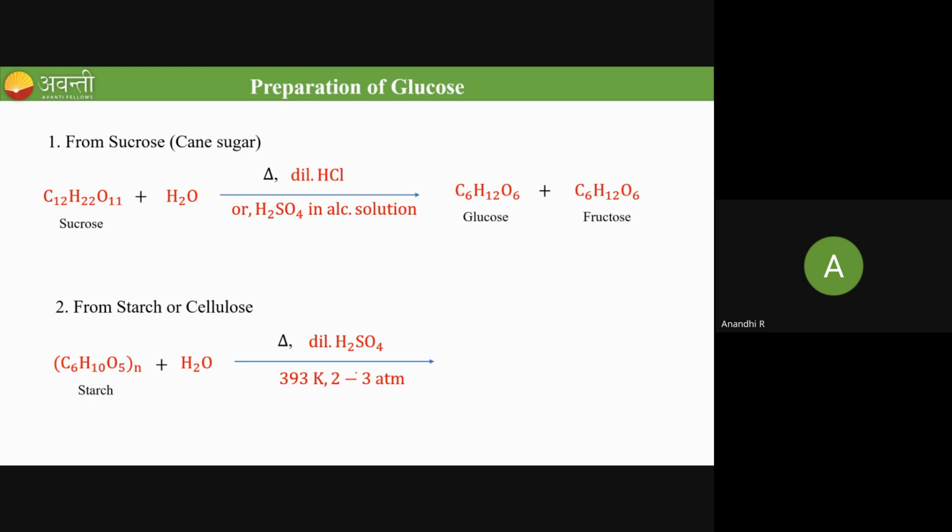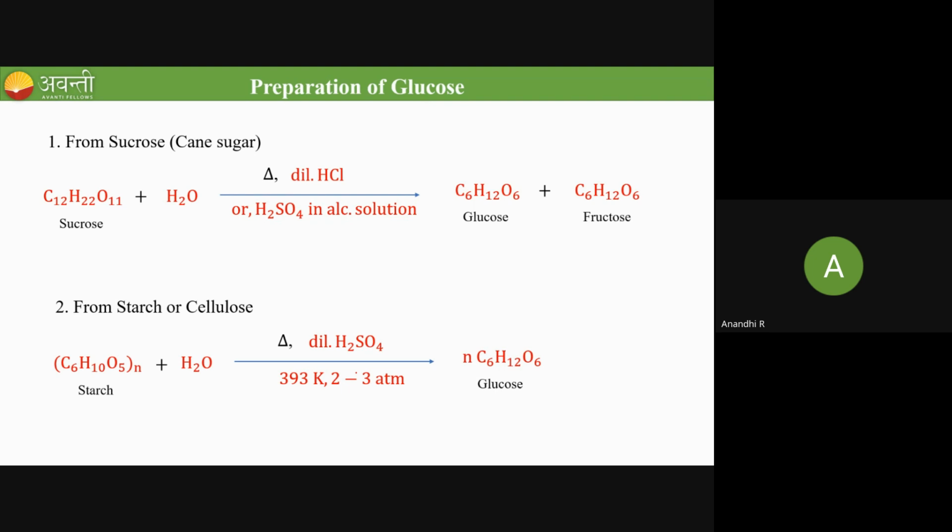Only at this particular reaction condition will starch produce glucose. n molecules of glucose are formed, and no byproducts are formed here, like in the previous case where we got fructose. Only glucose is the major product. Got it? So from starch or cellulose, you can get glucose using this particular reaction condition.